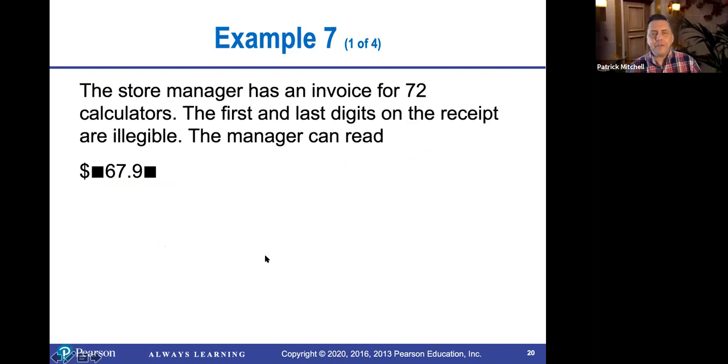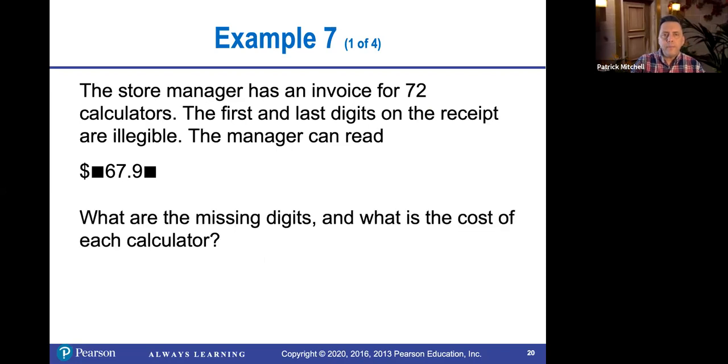All right, here's a really fun problem. A store manager has an invoice for 72 calculators. The first and the last digits on the receipt are not legible. All the manager can read is that the total was something 167 and 90 something cents. And the question is, can we determine what those numbers are?